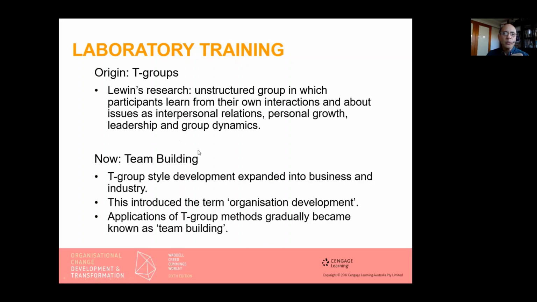Nowadays, these T groups have turned into what we call team building. So organizations want to improve the teamwork within their groups. So what they do is a T-style or T-group-style development, which is done again in business and industry. So organizational development, one of the first interventions that organizational development got into is again team building.